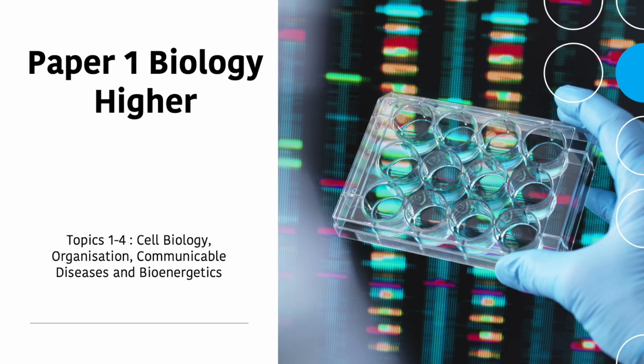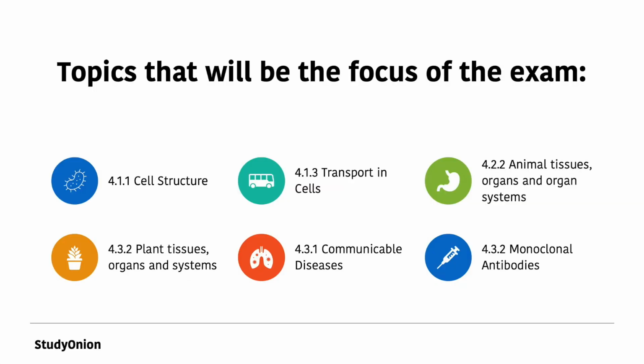Let's move on to Higher. In Paper 1, the 4 topics that are covered are Topic 1, Cell Biology, Topic 2, Organisation, Topic 3, Communicable Diseases, and Topic 4, Bioenergetics.